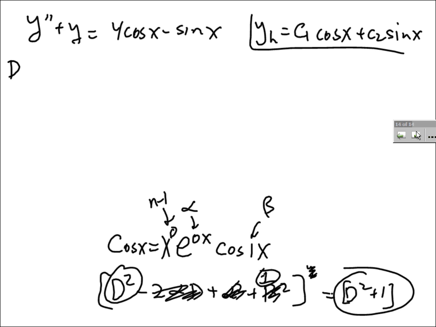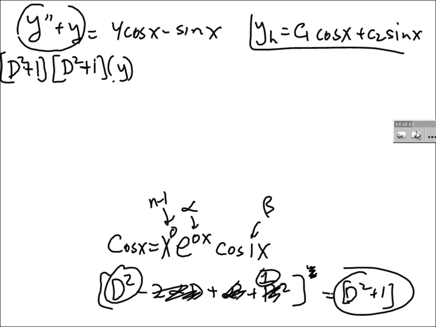So we're going to do D squared plus 1 on the left side and the right, and this can also be written as D squared plus 1 on y. And when I do D squared plus 1 on the right side of 4 cosine x minus sine x, it annihilates it. I get 0.